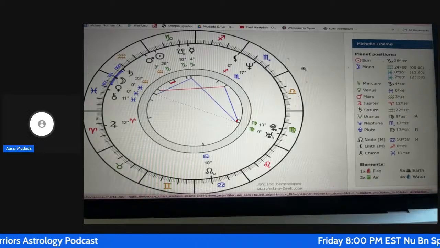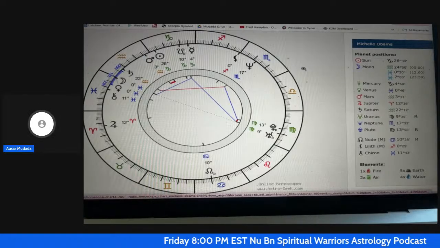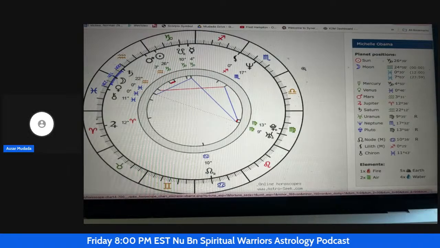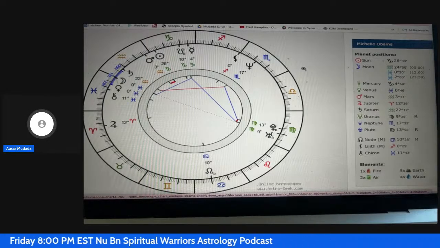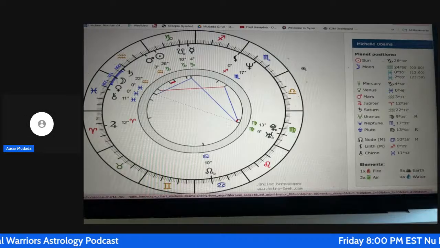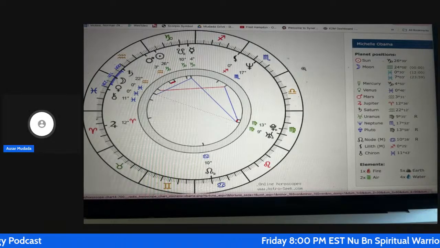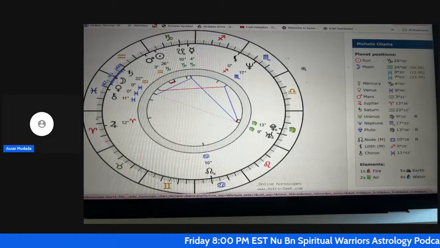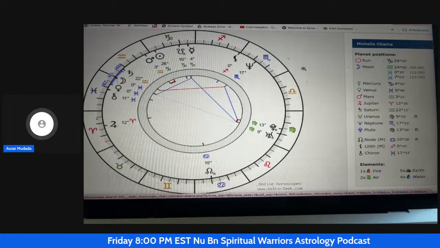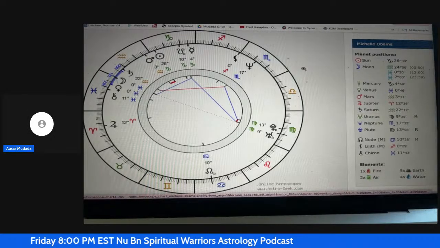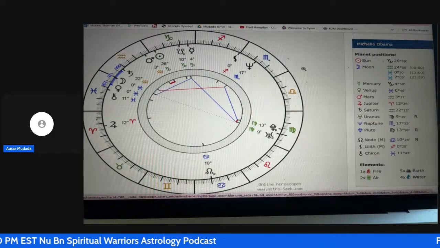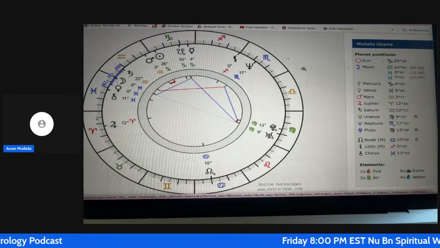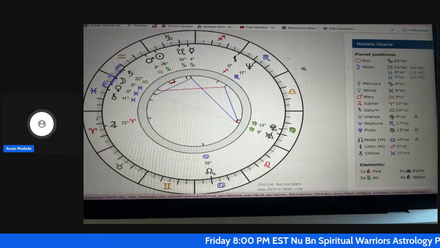So earth trines earth, fire trines fire, and air trines air, as long as they are within the same degree range. See if you can find a trine.